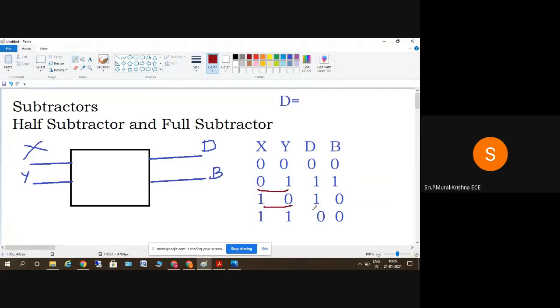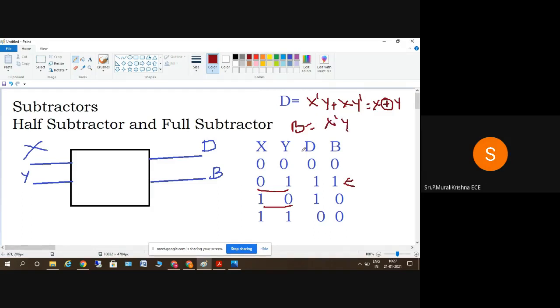So this is for difference and borrow only. Difference is x bar y plus xy bar, the same as x exclusive OR y. And borrow is x bar y.